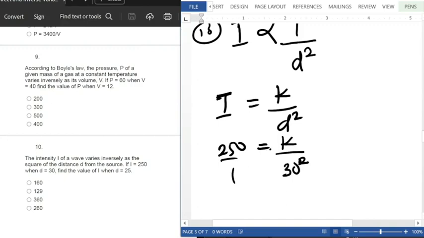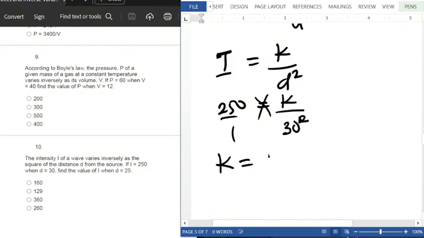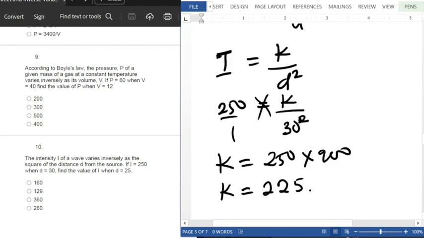We make this one over 1 and cross multiply. Therefore k equals 250 multiplied by 30 squared. 30 times 30 gives us 900. So the constant is 250 multiplied by 900, and that gives 225,000.